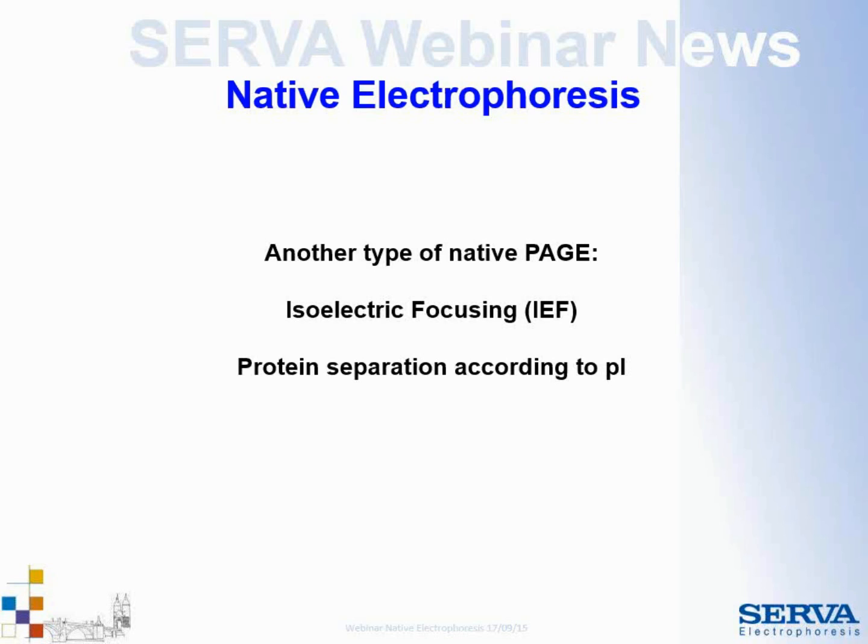Another type of native PAGE is the isoelectric focusing. This is a really special kind of native PAGE because in this application, proteins are not separated according to their molecular weight, but according to their isoelectric point.